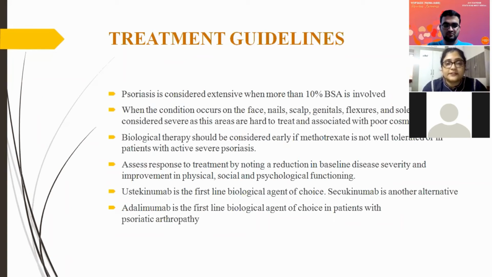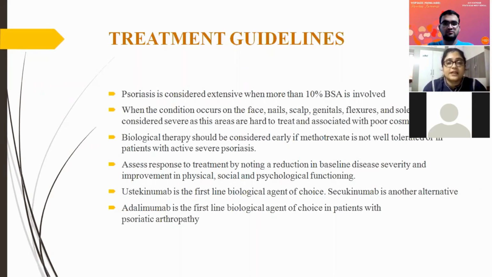Now, assess response to treatment by noting a reduction in baseline disease severity and improvement in the physical, social, and psychological function. Ustekinumab is the first line biological agent of choice, and secukinumab is another alternative.